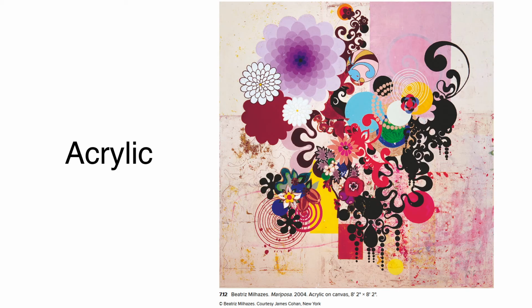It is also fast drying, but the drying can be delayed when it's mixed with other chemicals to mimic the process of oil painting and achieve the preciseness that oil paint allows because of its slow drying process. So it is very versatile.